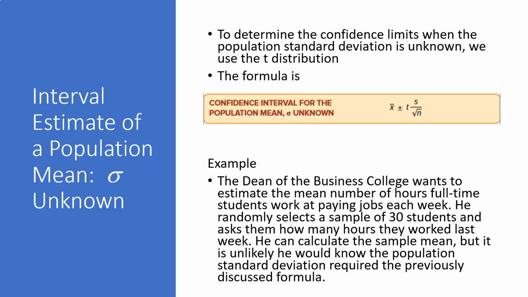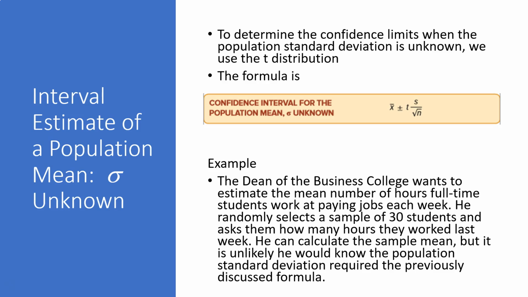So here, to look at the confidence limits, we have our equation: your sample mean plus or minus your t-statistic times the sample standard deviation divided by the square root of n. In most sampling situations, the population standard deviation is not known. So this is what you're going to work with most of the time when you're looking at that margin of error.